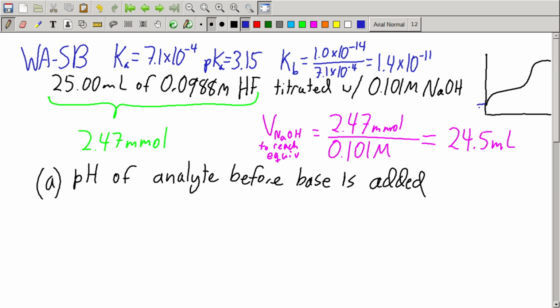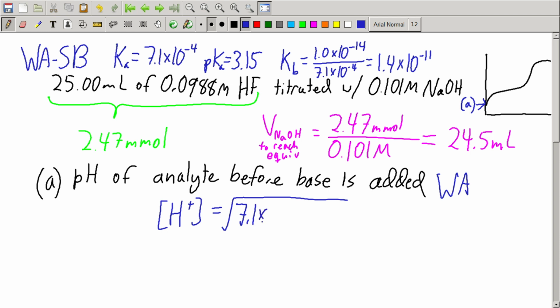Okay. To reference the titration curve, we are here. So we have a weak acid solution. All right. How do we get the pH of a weak acid solution if we can approximate? We can calculate the hydrogen ion concentration by taking the square root of the product of the Ka and the starting molarity.